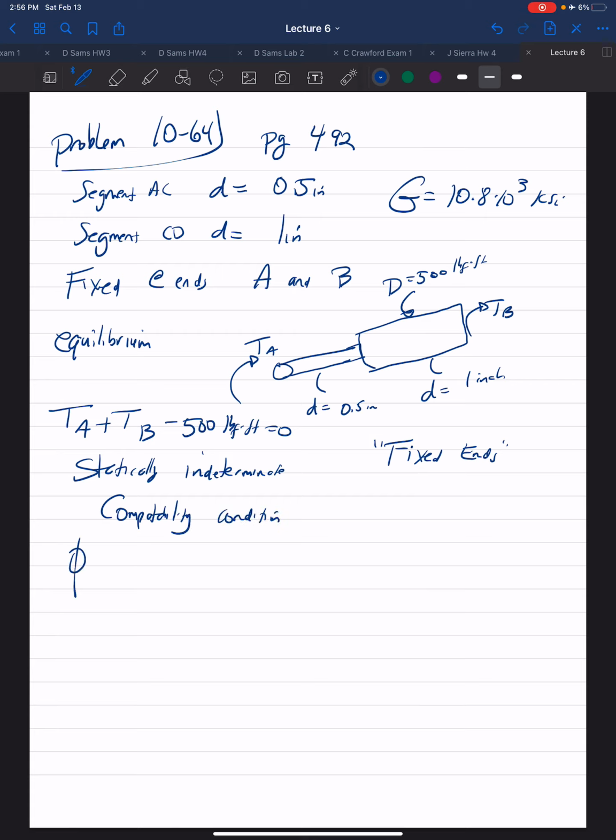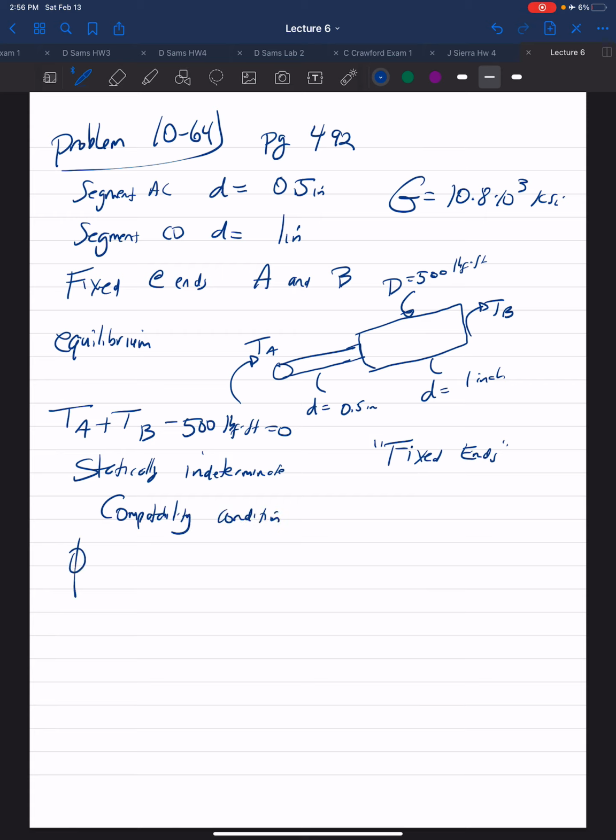Notice how my units are all consistent. The polar moment of inertia in this region will be the radius corresponding to the diameter of 1 inch, so 0.5 inch radius to the 4 times G.